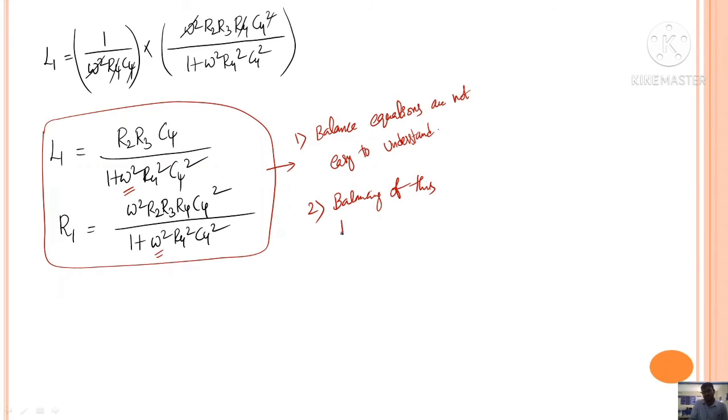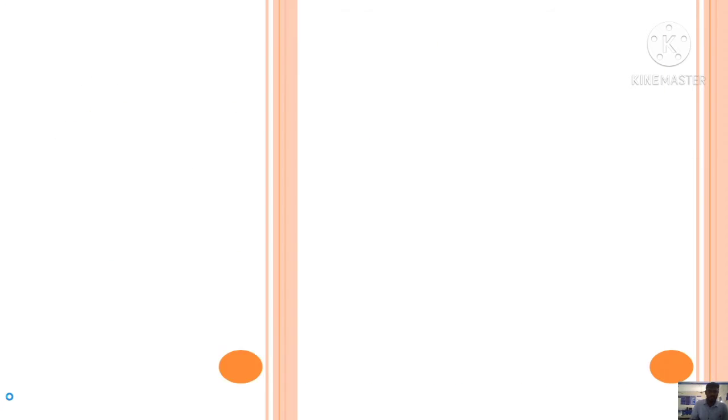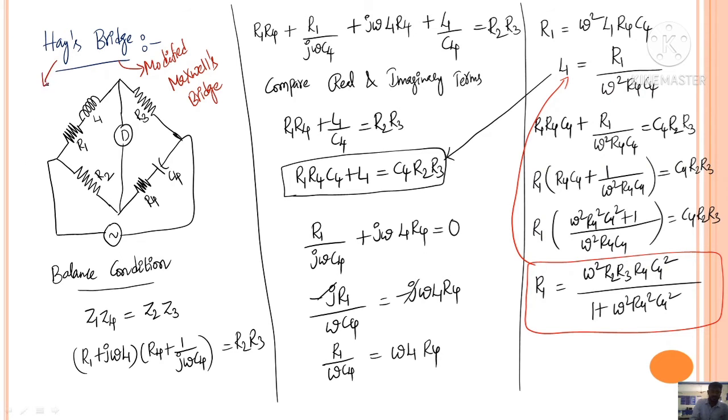So balancing of this bridge depends upon the frequency of the supply. Now what we need to do in order to get the balancing in a smooth way, we need to fix this frequency. The input frequency must remain constant. Hence Hayes bridge is also called a fixed frequency bridge.